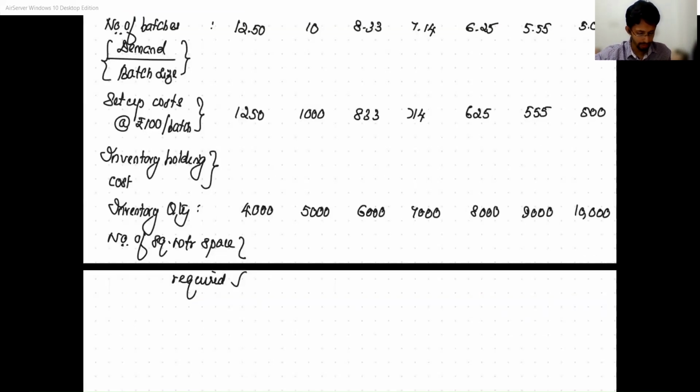So 4,000 divided by 250, that is 16. 5,000 divided by 250, 20. 6,000 divided by 250, 24. 7,000 divided by 250, 28. 8,000 divided by 250, 32. 9,000 divided by 250, 36. 10,000 divided by 250, 40.